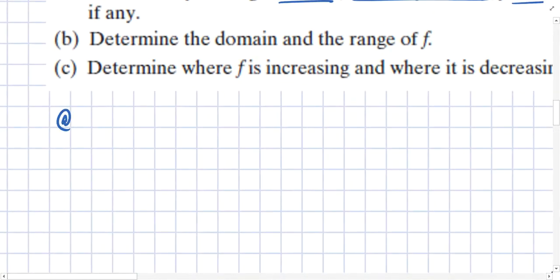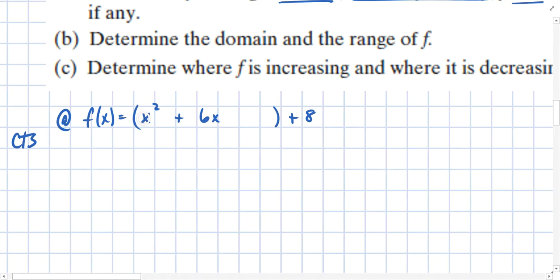In part A, I'm going to use completing the square to do this, although you could use the formulas from the last example. For completing the square, we have x squared plus 6x plus 8, giving myself a little bit of room here.